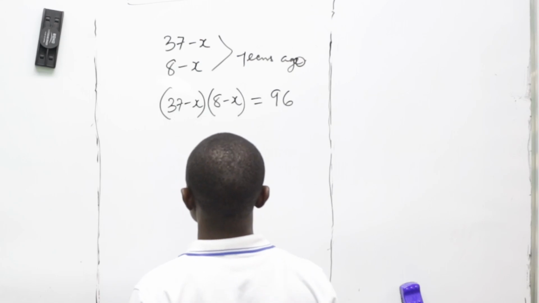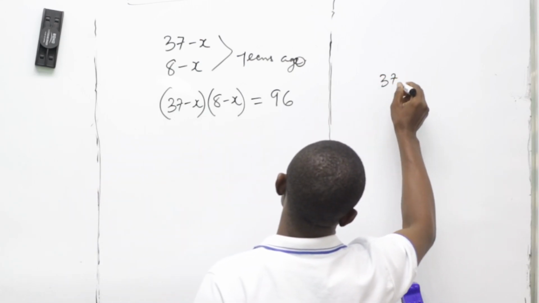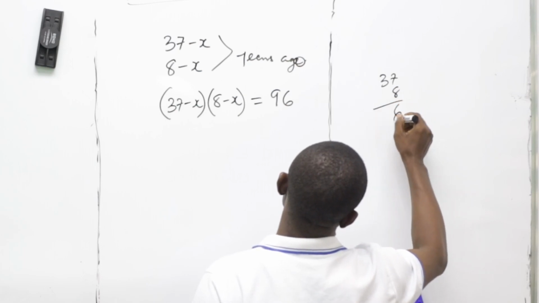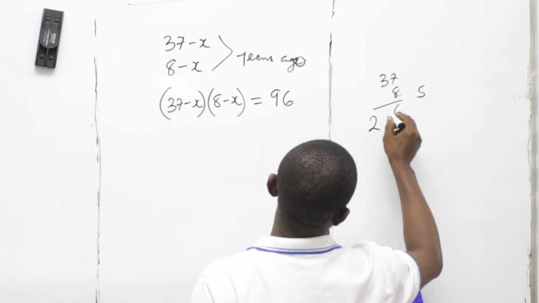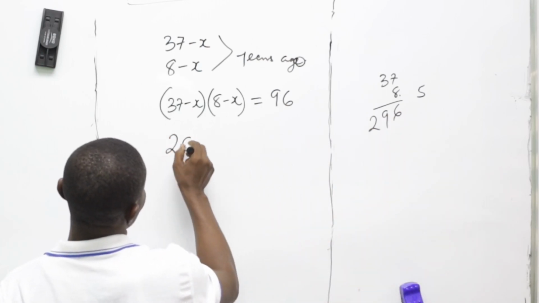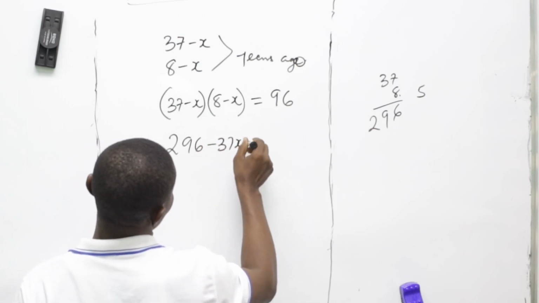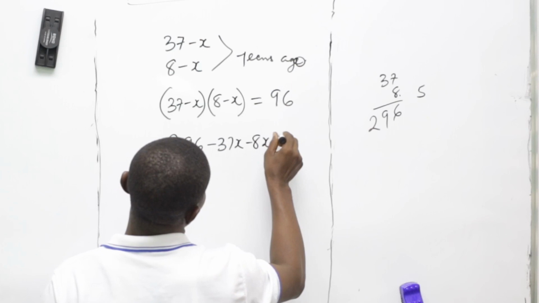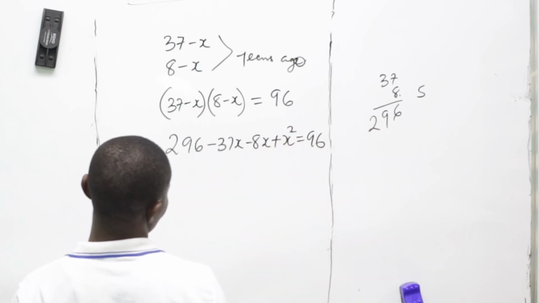Now, 37 multiplied by 8 is 296, minus 37x minus 8x plus x squared equals 96.